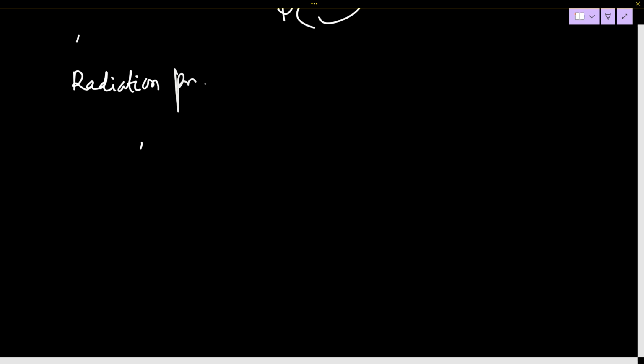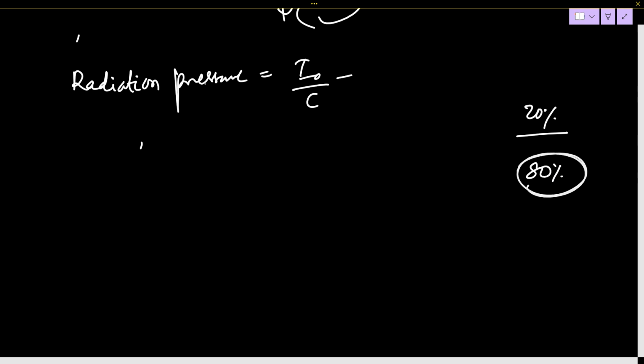I can write radiation pressure is equal to I naught by c minus what? What will I write here? See, 20% is absorbed. How much is reflected? 80%. Okay, 80% is reflected like this in the opposite direction.